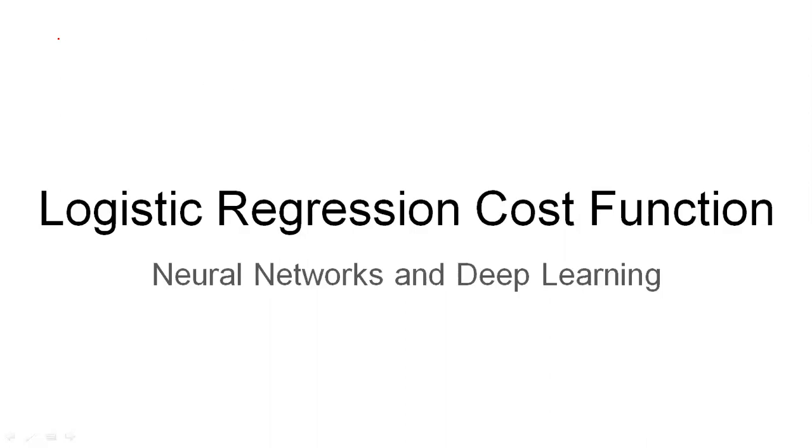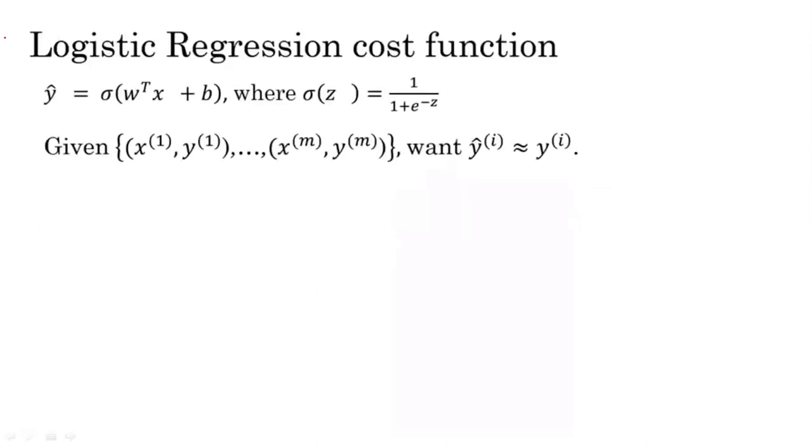So look over to the next slide. Here we were talking about logistic regression, and in logistic regression we have a prediction output called y hat, which is represented in terms of the sigma function as sigma of w transpose x plus b. Here w is a parameter, and b is also a parameter, where b is a real number and w is an nx-dimensional parameter.